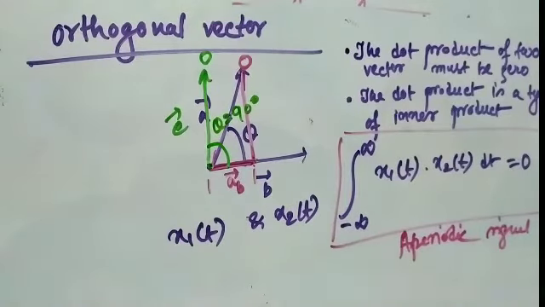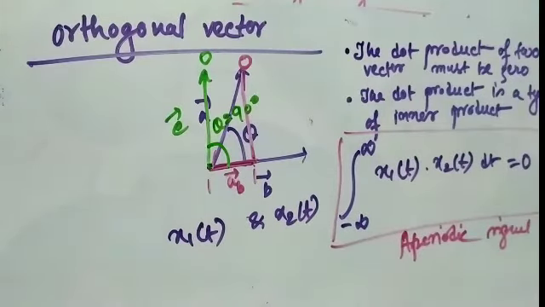Then we will use the condition to find out whether they are orthogonal or not. That means if you are given two signals, first you have to find out whether they are periodic or not, and if they are non-periodic, then you can apply the same rule to find out whether the signals are orthogonal or not.